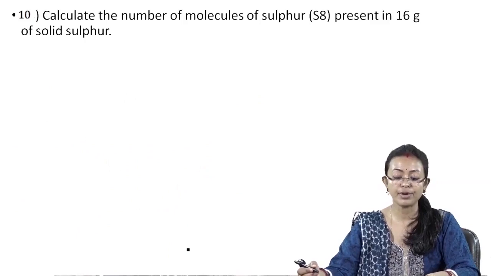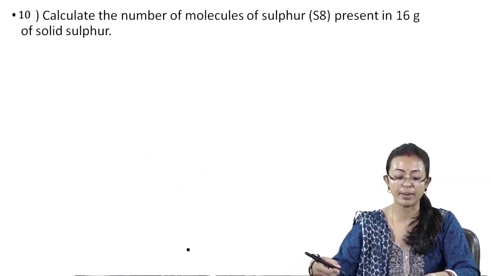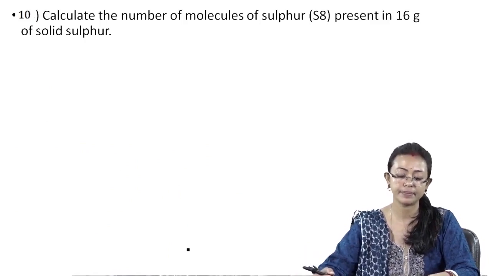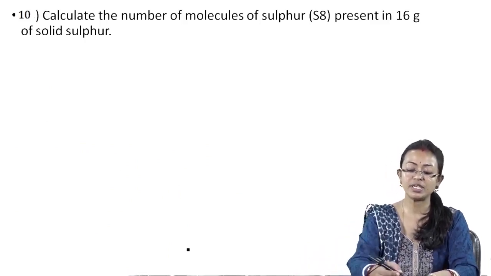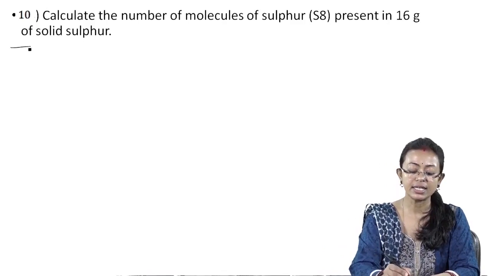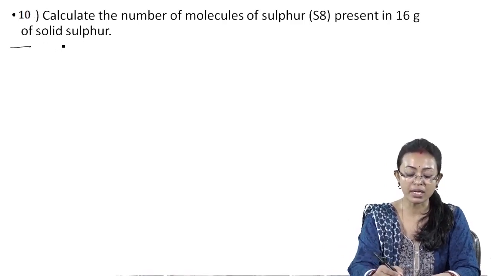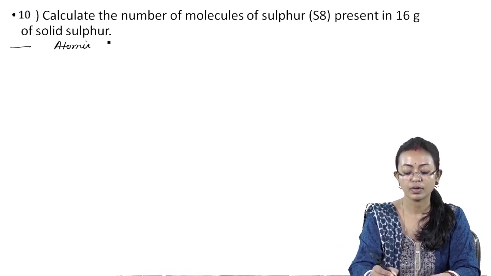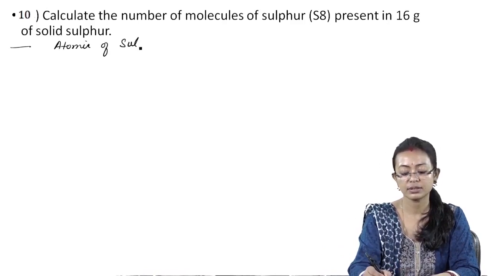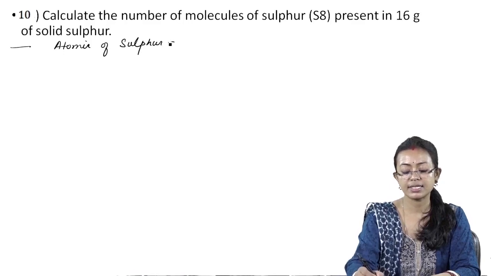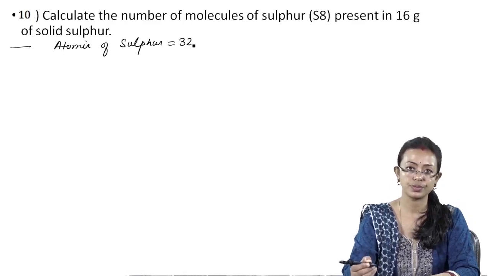Calculate the number of molecules of sulfur present in 16 gram of solid sulfur. Now in this case, we need to understand what is the atomic mass of sulfur. Atomic mass of sulfur is equal to 32. Alright.